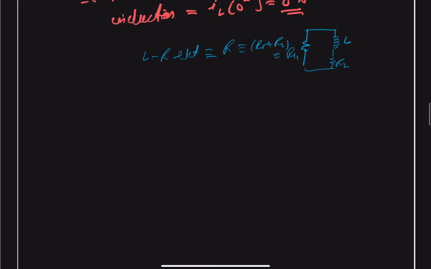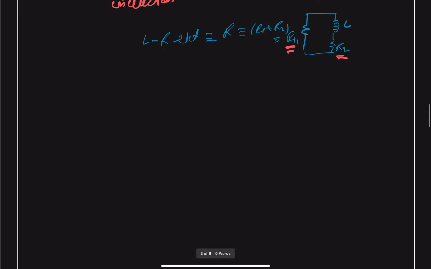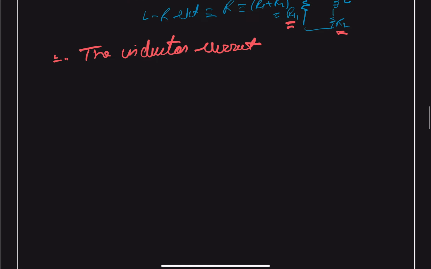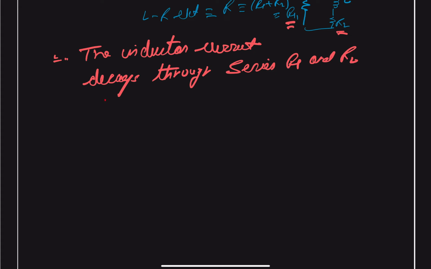So therefore, the inductor current in this case will decay through the series combination of R1 and R2, that is R1 plus R2.